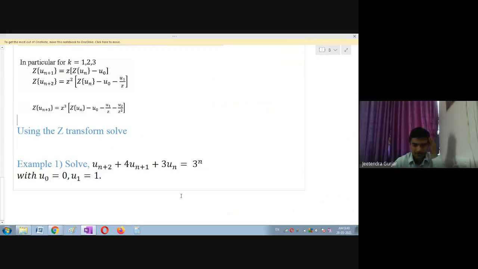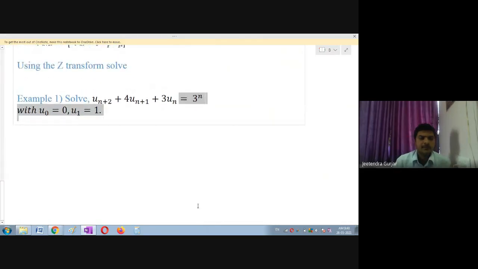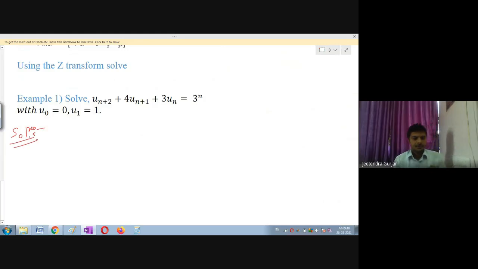Okay, so now we'll simplify this. So let us simplify. Yes, students, please write down. Yes, we'll start with the solution here. So first step, you have to remember that you are going to take all this formula.